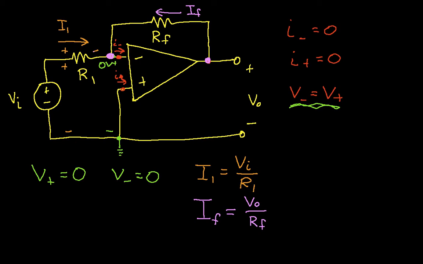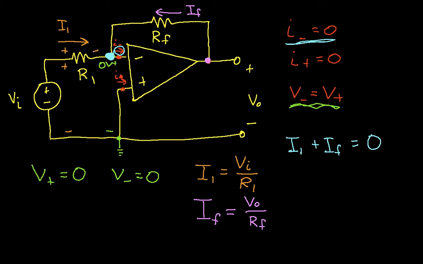Now we're almost done. We almost have everything we need to get the relationship between the input voltage and the output voltage. The way we can do that is apply Kirchhoff's current law at this node. We have I1 coming in, we also have IF coming in, and we have I minus leaving, but we've said that I minus is equal to 0, so there's no current there. So basically I1 plus IF is equal to 0.